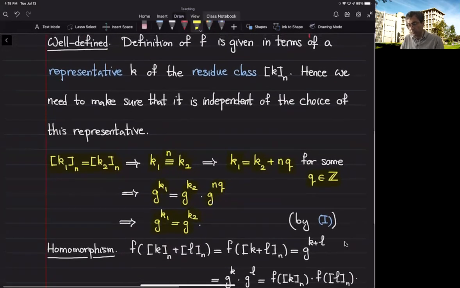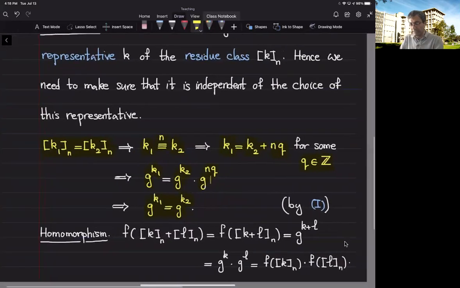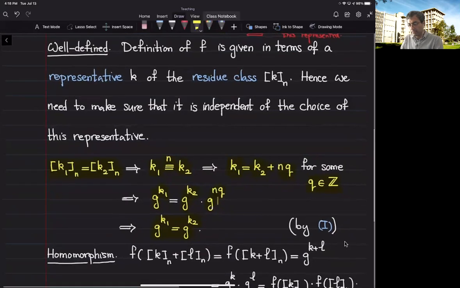Now nq is a multiple of n. Therefore, g raised to power nq is the neutral element. So it doesn't change g to the k2 when I multiply g to power k2 by g to power nq, because g to power nq is just the neutral element. So altogether, I get that g to power k1 is indeed equal to g to power k2.